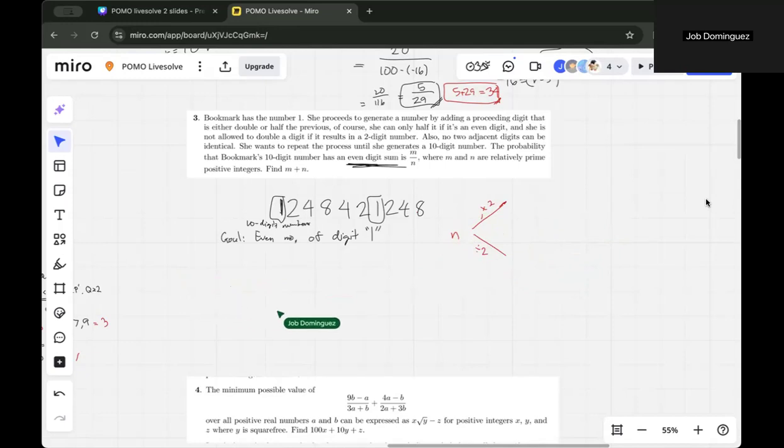This might take a long time. Let's start with 1. This is always the first digit. So let's draw 1. But there are also instances where there's only one line. For example, if you have the number 1, you cannot halve it, that would be 1/2.